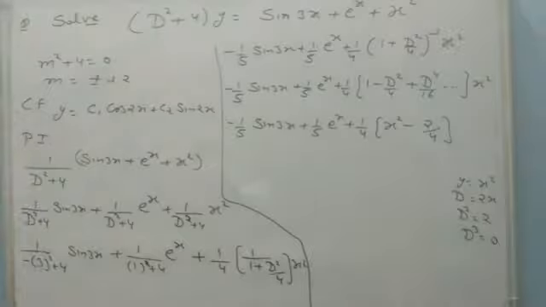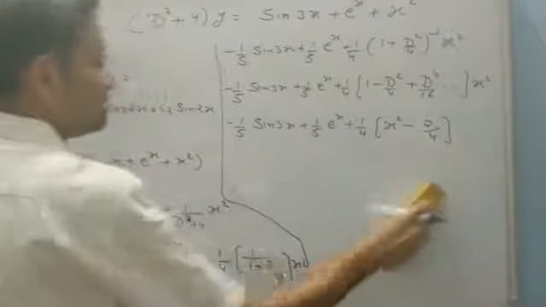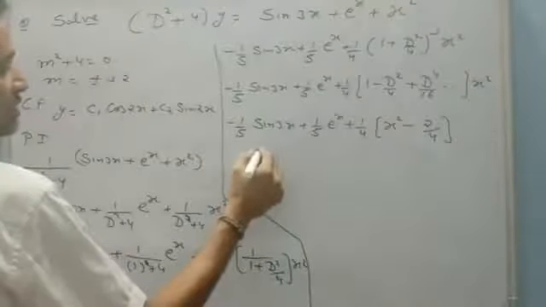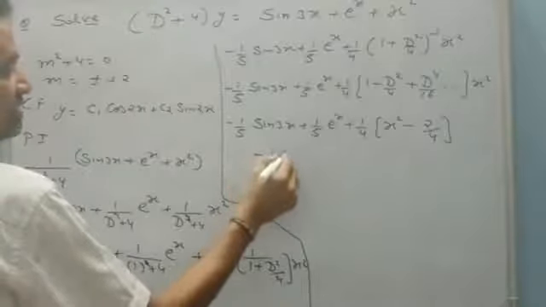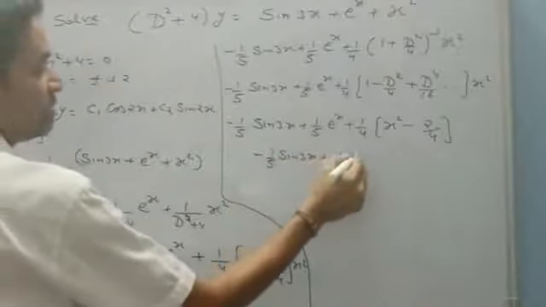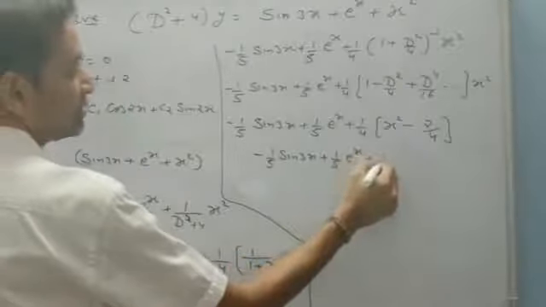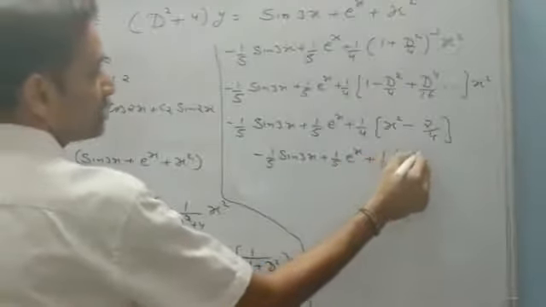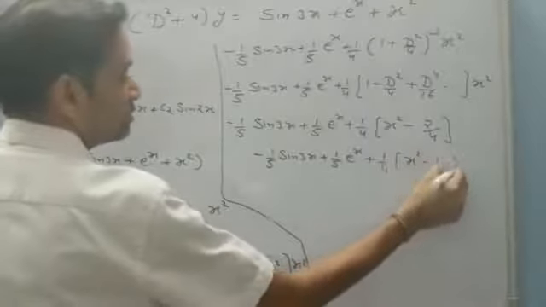Therefore, the PI is simple. It is 1 minus 1 by 5 sin 3x plus 1 by 5 e to the power x plus 1 by 4 x square minus 1 by 2.